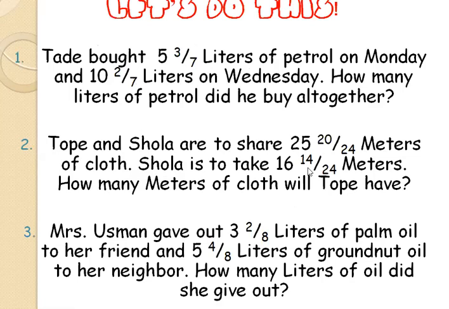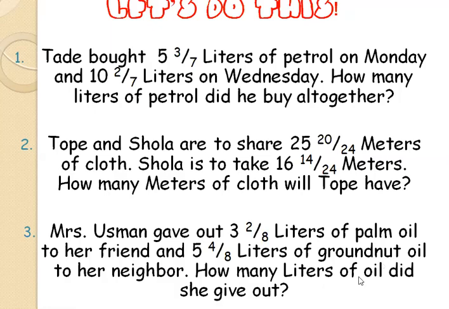Shola is to take 16 whole number 14 over 24 meters. How many meters of clothes would Tope have? Number 3: Mrs. Usman gave out 3 whole number 2 over 8 liters of palm oil to a friend and 5 whole number 4 over 8 liters of groundnut oil to a neighbor.